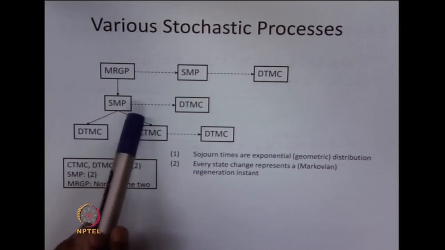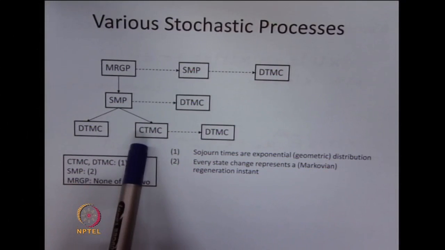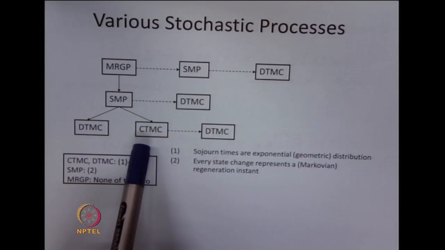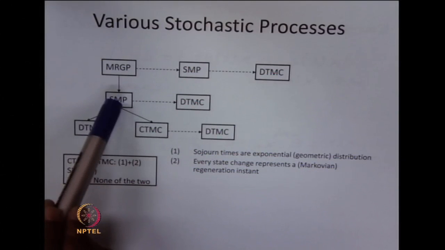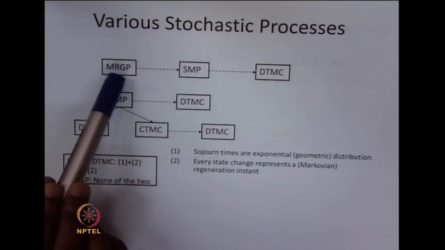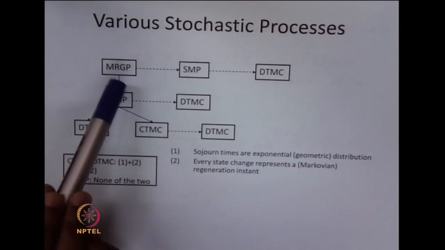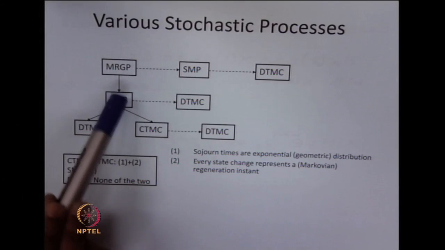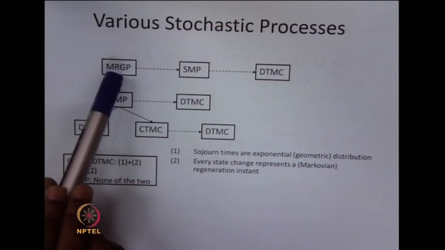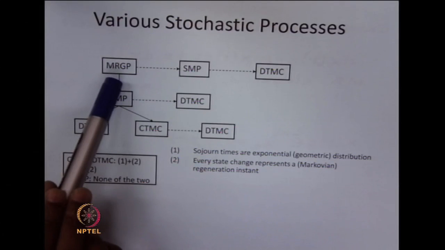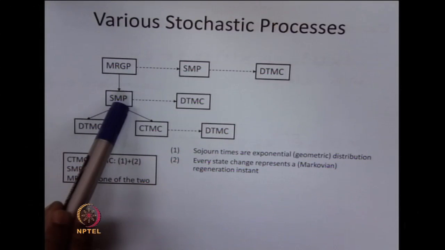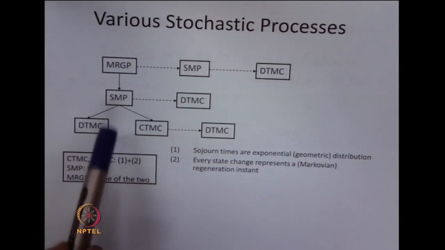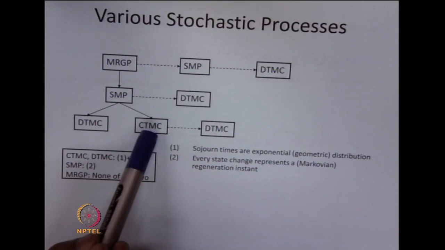By proper assumptions, you can get the DTMC or CTMC. The general case of a semi-Markov process is a Markov regenerative process. If you make some assumptions, then it will be a semi-Markov process. The down arrow means if you make additional assumptions in the Markov regenerative process, then you will get the semi-Markov process. If you make additional assumptions in the semi-Markov process, then you will get a DTMC or CTMC.